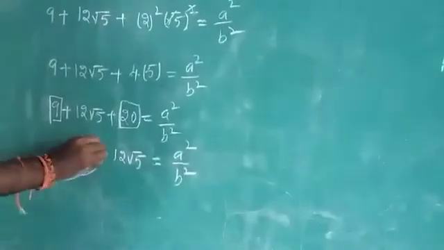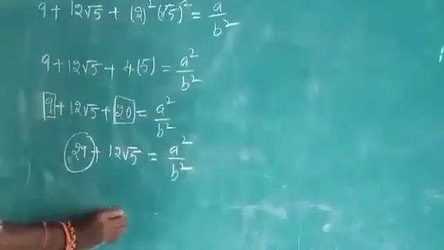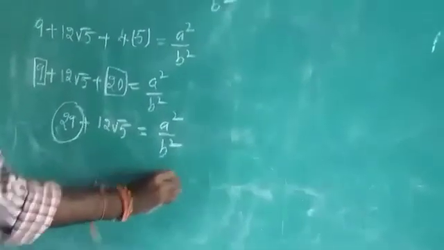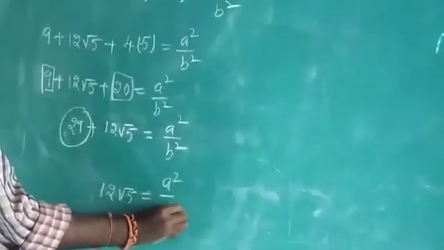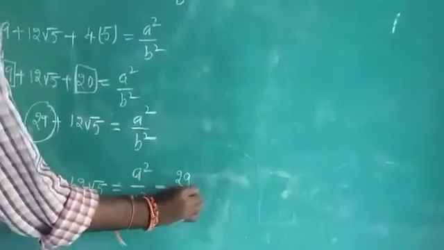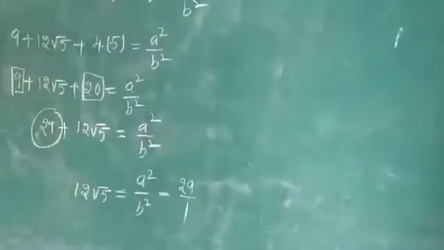This 29 you are going to transpose it. So what you will write? 12 root 5 is equal to a square by b square minus 29. This 29 you can write as 29 by 1.